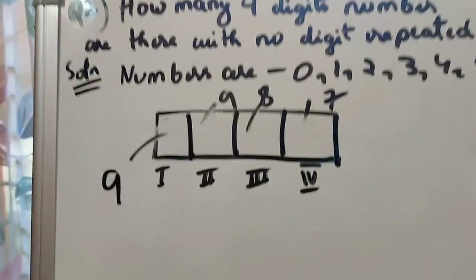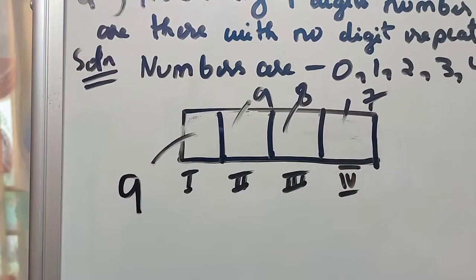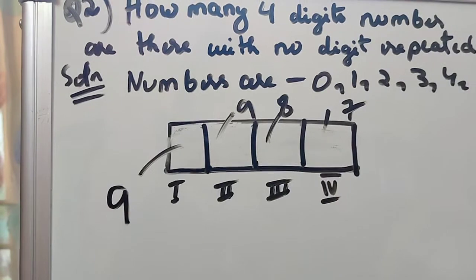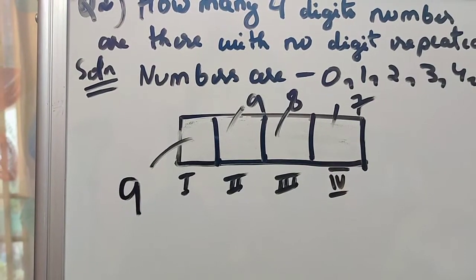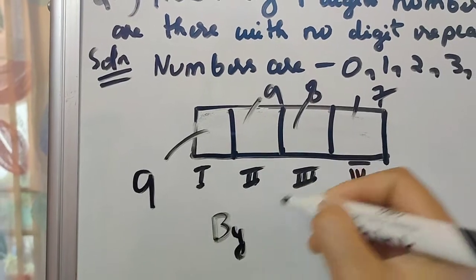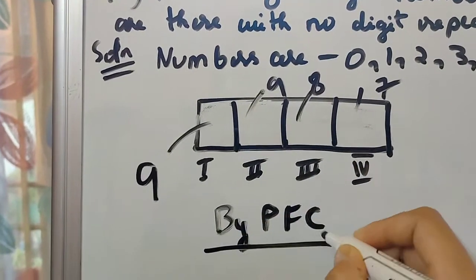So in exercise 7.1 what you used to do is, the 1000 place can be filled up by 9 ways, like that you used to write. I am doing a shortcut by the principle of fundamental counting.